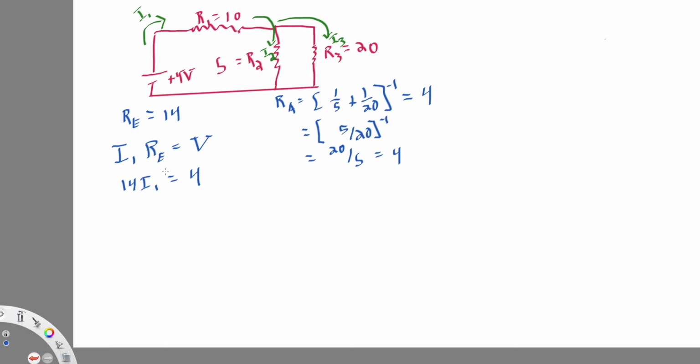And 4 over 14 is like, what, 0.29? Okay. So that gives us one of the currents.